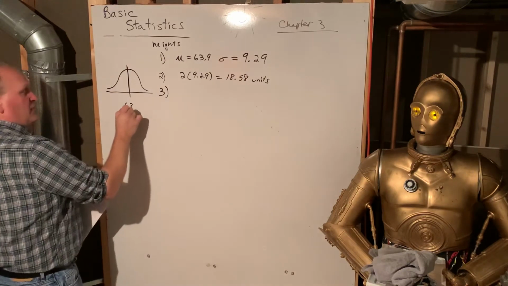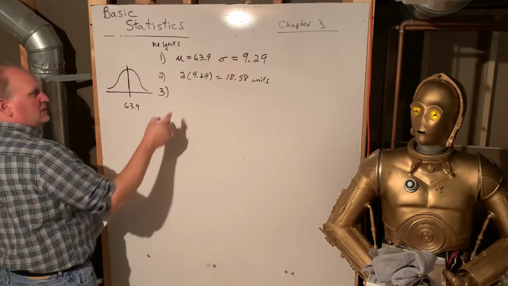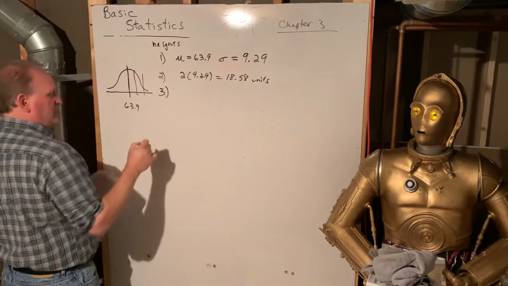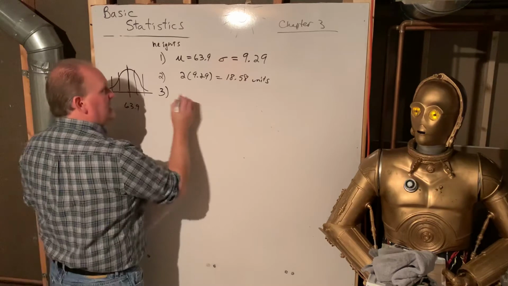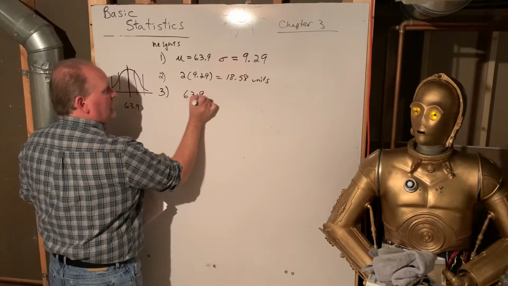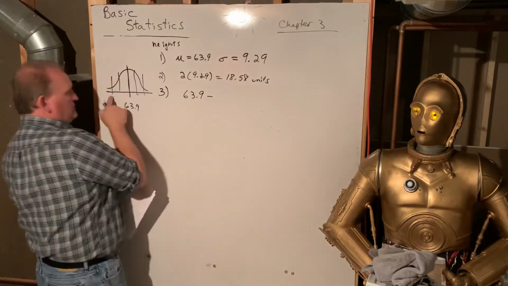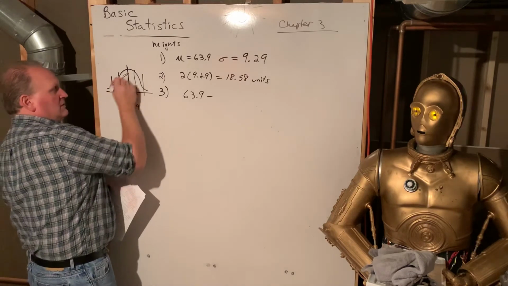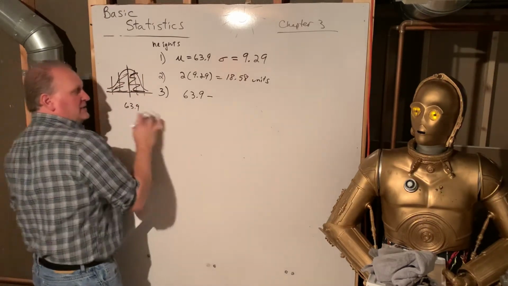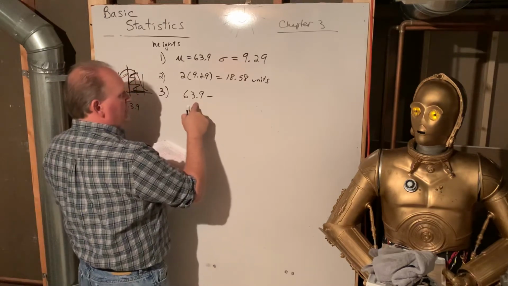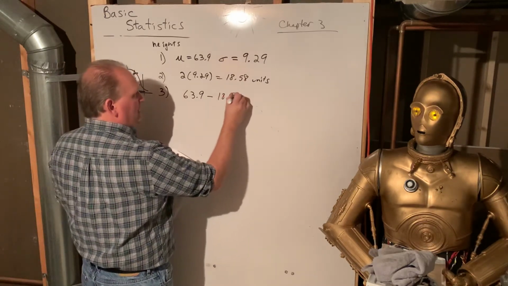The 63.9 is right here, and then we're going to go 2 standard deviations above and 2 standard deviations below. So we're going to take this 63.9 and subtract 2 standard deviations below and add 2 standard deviations above, and that'll be the set.